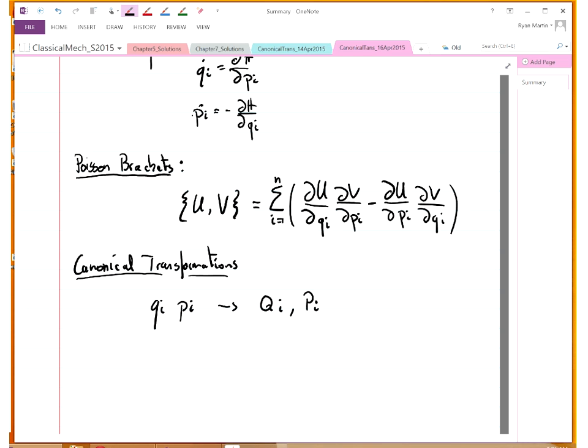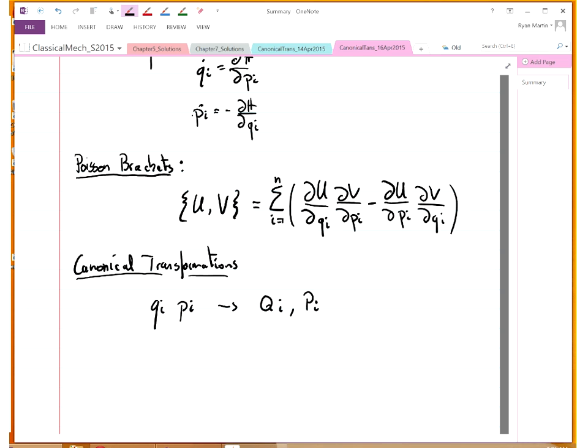A specific case of canonical transformation is what we call a point transformation, where you only change the q's. That's like saying I can describe a physical system in either Cartesian coordinates or spherical coordinates, and I should get the same answer.